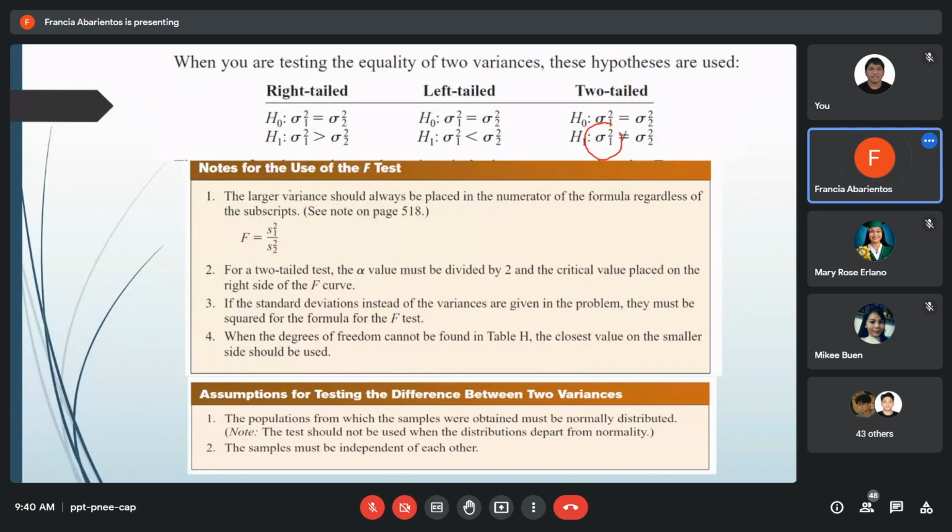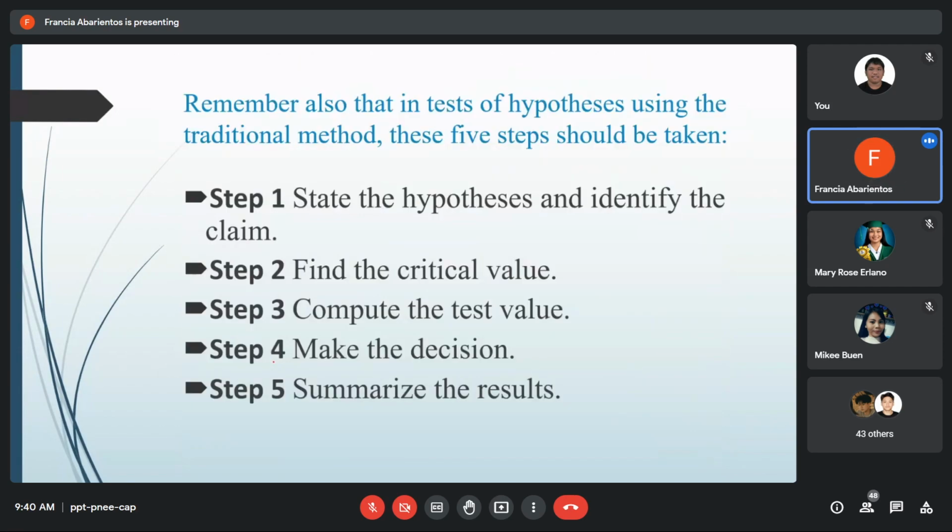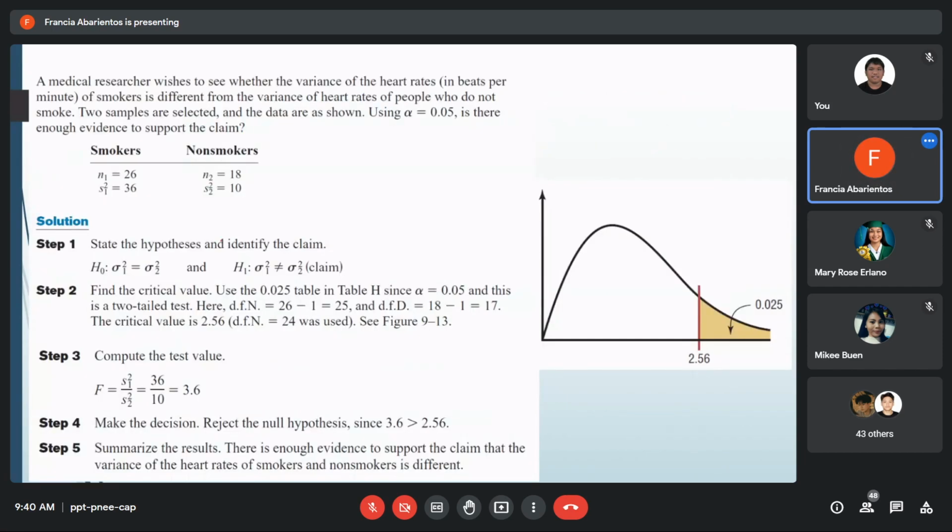So, this is the notes and the assumption of testing the variances. Ulitin ko lang, ganun pa rin yung gagawin mo from step 1 to step 5. Mas madali lang tong F test natin.